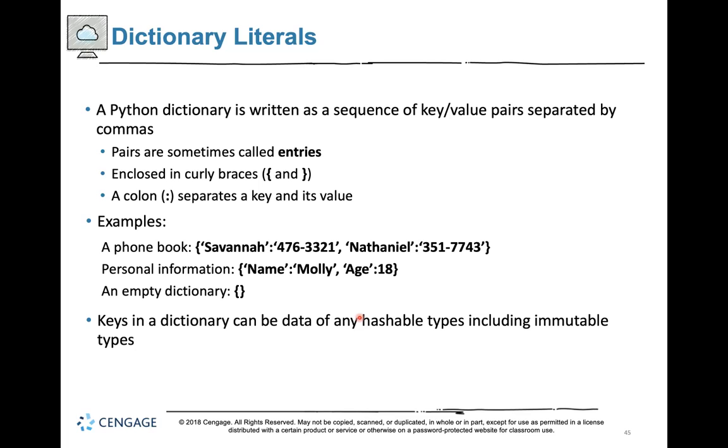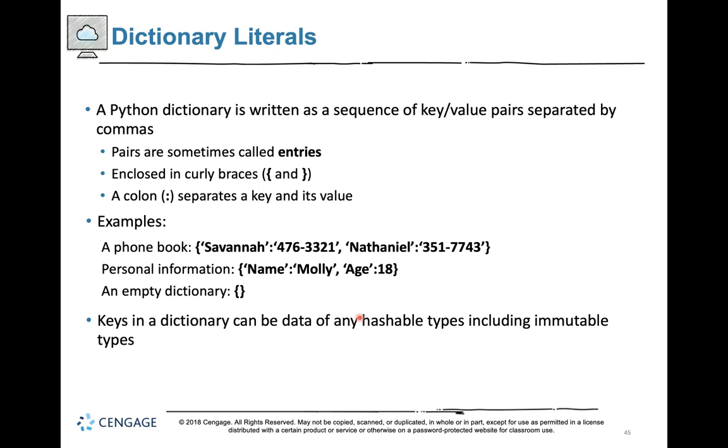If two keys are equal, then their hash values are the same. So the keys in a dictionary must be unique. Just like in a real life dictionary, it doesn't make sense to have repeat keys. So that's how it's defined here.